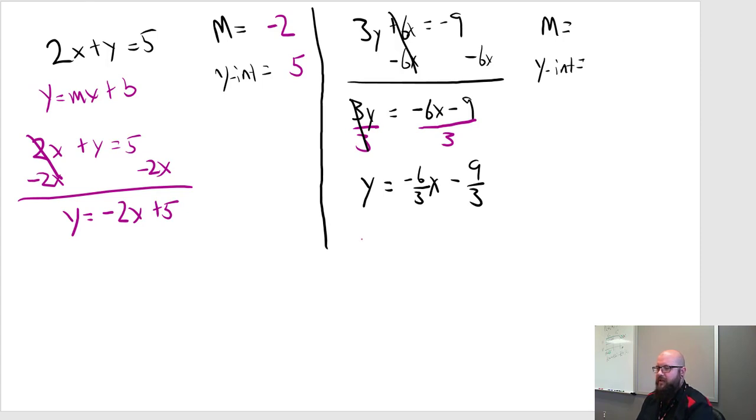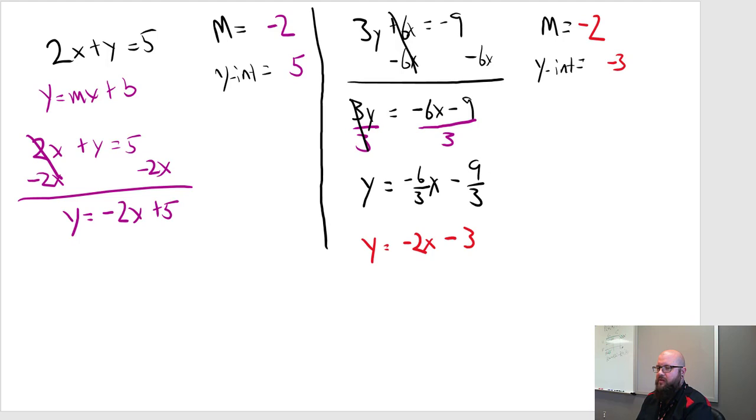And just to simplify that down, that should be y equals -6 divided by 3 is -2x, and then minus 9 divided by 3 is 3. So this problem, again, our slope is still -2, and our y-intercept is at a -3.